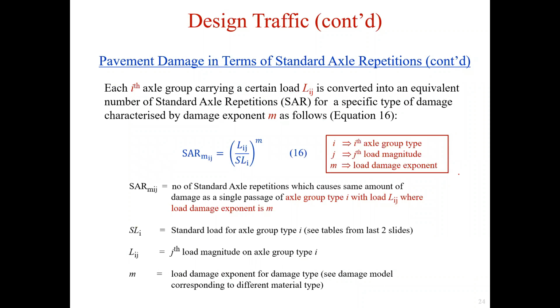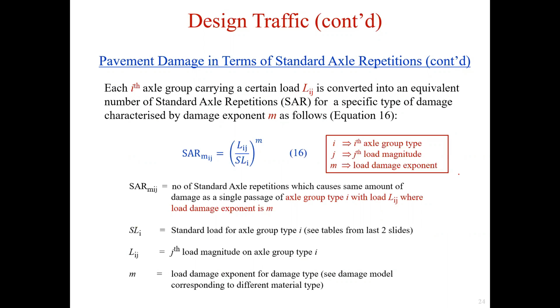For each axle group carrying a certain load Lij, it can be converted into an equivalent number of standard axle repetitions for a specific type of damage characterized by damage exponent M, as in the following equation.